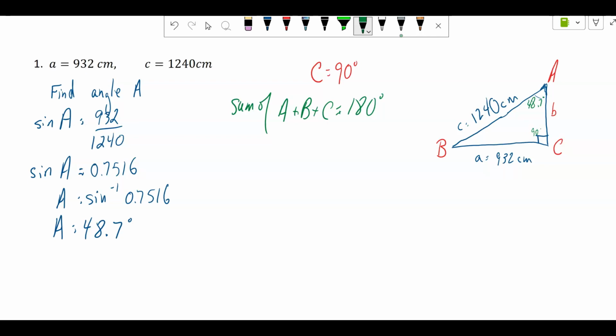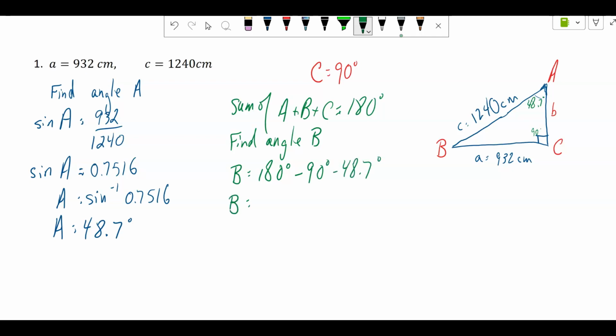So, to find angle B, it will be equal to 180 degrees, subtract 90, subtract 48.7.